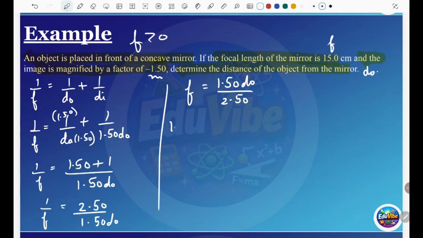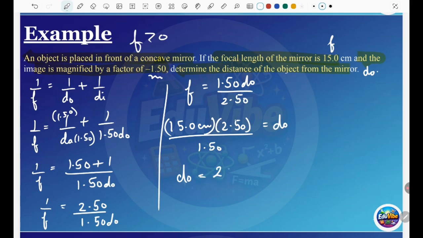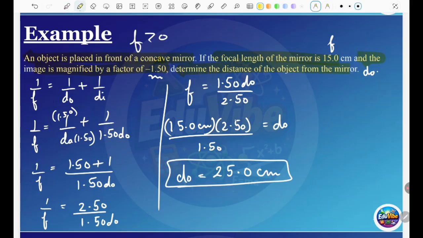So this f is equal to 15.0 centimeters now, and this goes over there, which is 2.50, and this whole thing we divide by 1.50, which is equal to DO. You divide this by 1.50, and you will get 25.0 centimeters, 3 significant digits, and you get it in positive, which is your DO. So this is your answer for DO.